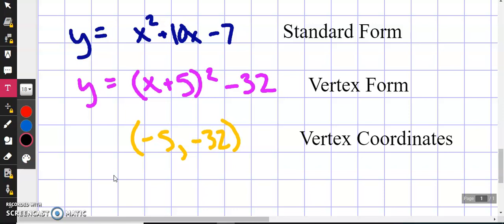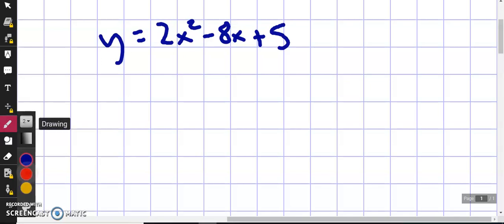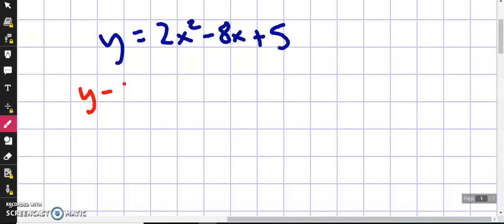So let's look at one more example really quickly. Let's say I had my standard form equation of y equals 2x squared minus 8x plus 5. And let's say I wanted to convert this into vertex form. So the first thing that I would do, once again, is move the 5 to the other side by subtracting.